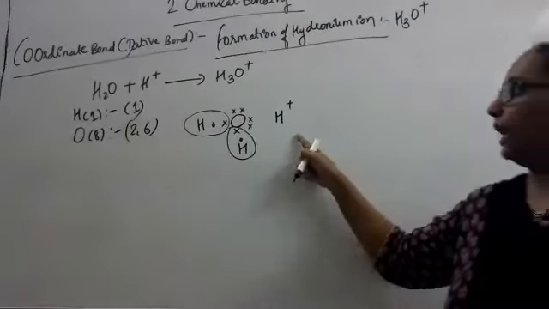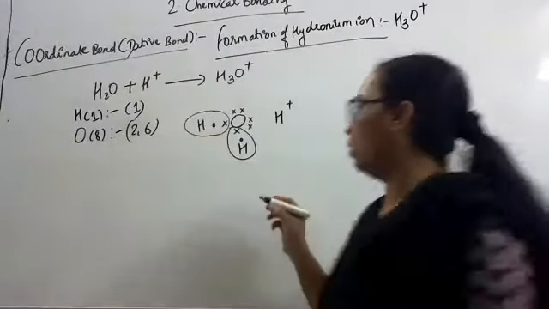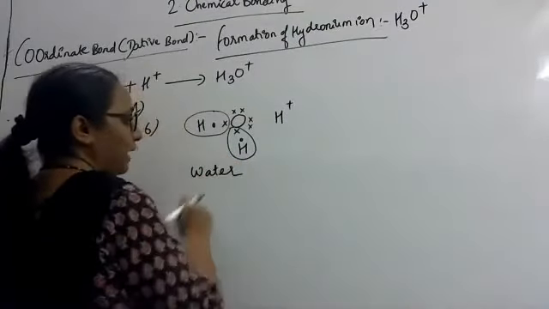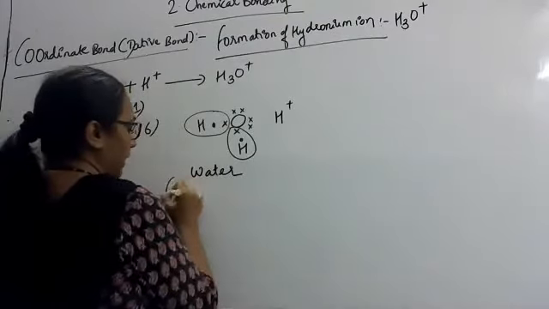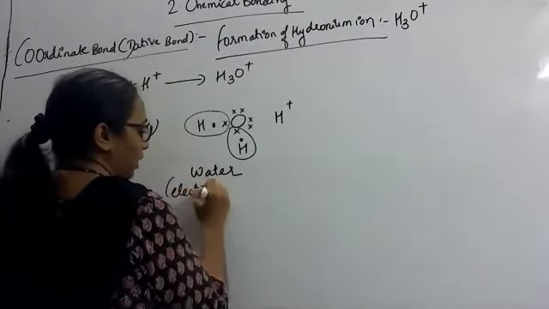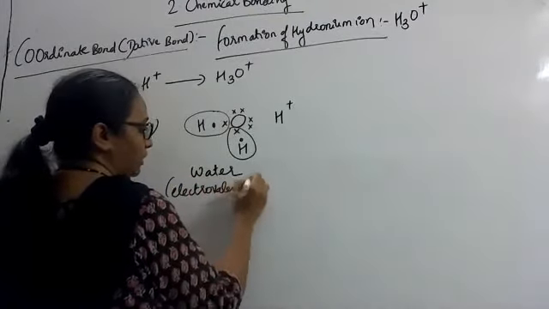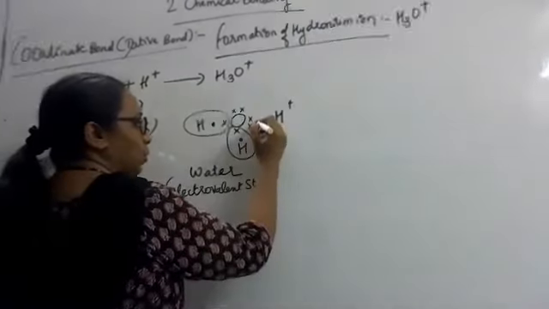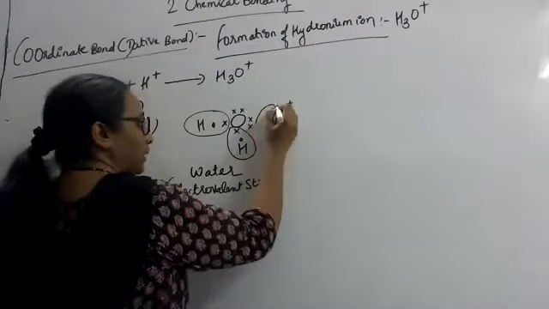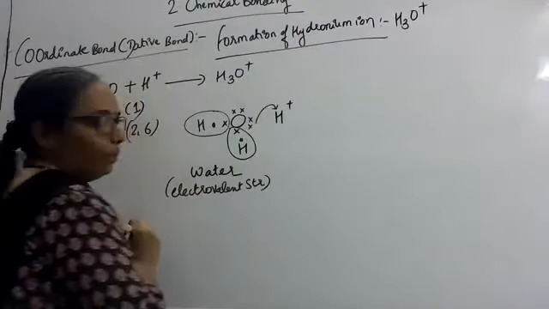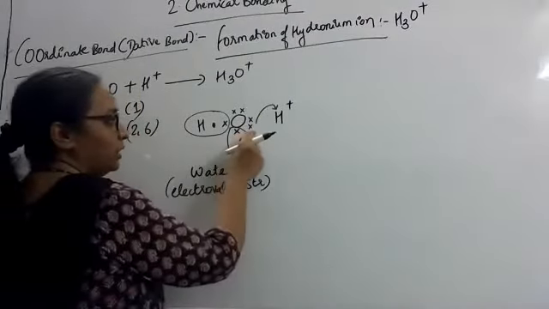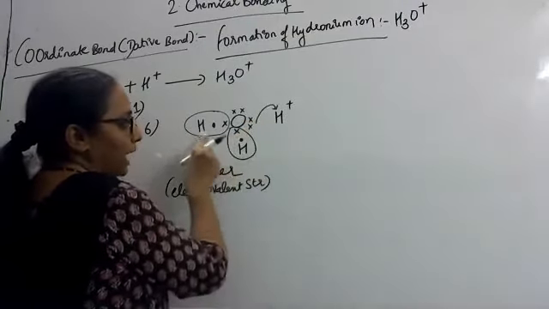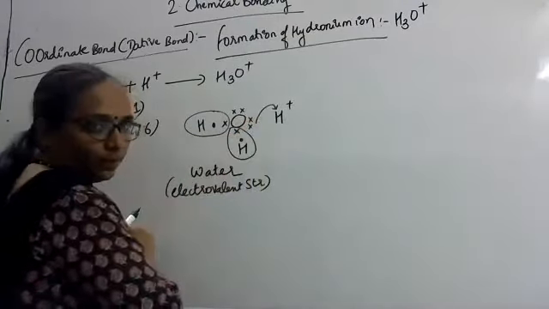So this hydrogen ion that we are adding to the water molecule, this is the water molecule, which shows you the electrovalent structure of water. Electrovalent structure means which shows a sharing of electrons. So these two electrons are donated to the hydrogen ion. So this oxygen will donate these two electrons to the hydrogen.